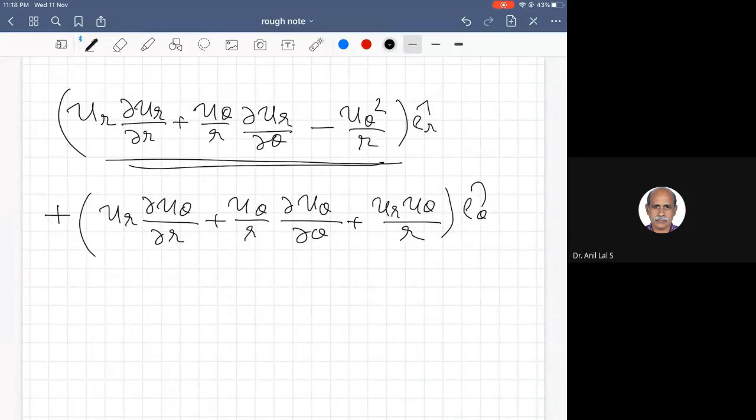So these four terms are there in the Cartesian coordinate also. This extra term and this extra term. This term is in the radial direction. All these terms are acceleration terms. This is the radial direction, inward radial direction. This acceleration term is centripetal acceleration.